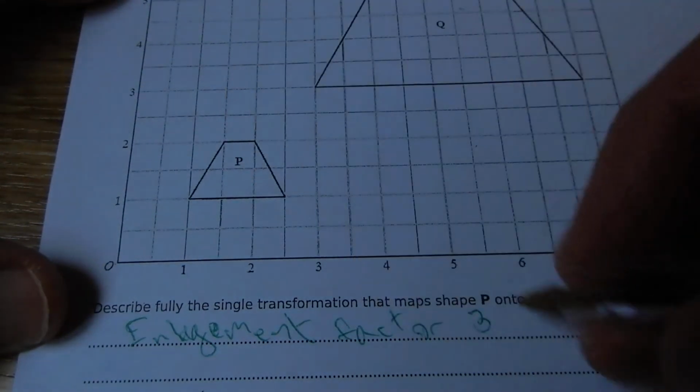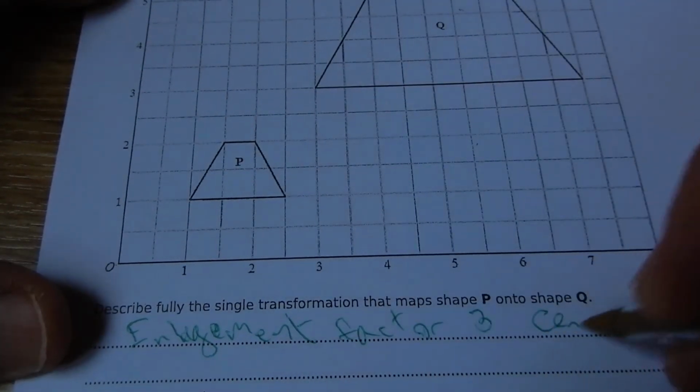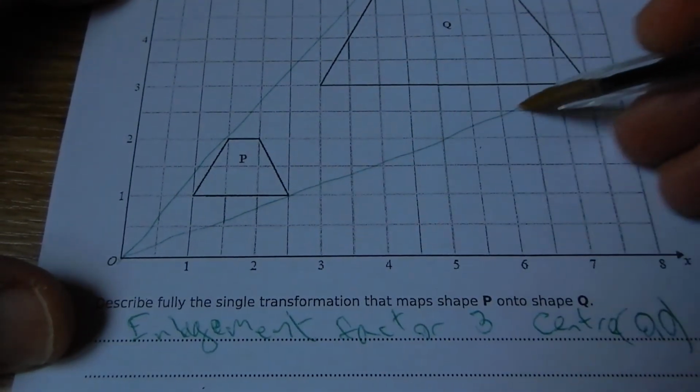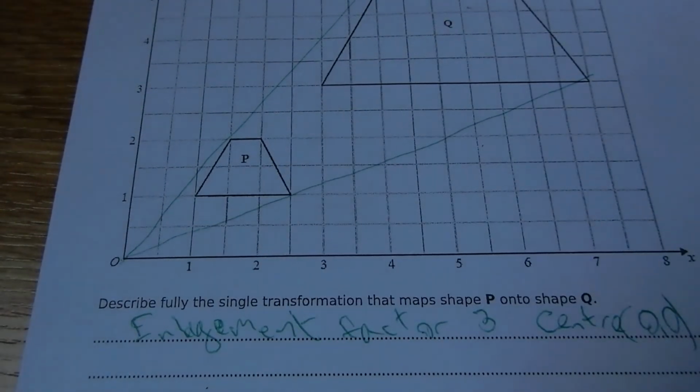So that's 2, it's a 6. Yes! Center 0, 0. There we go. So that would be our straight lines fanning out. That distance is 3 times, so that's why it's factor 3. Fantastic.